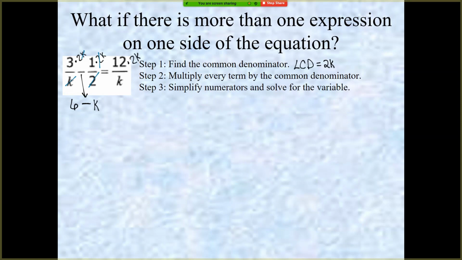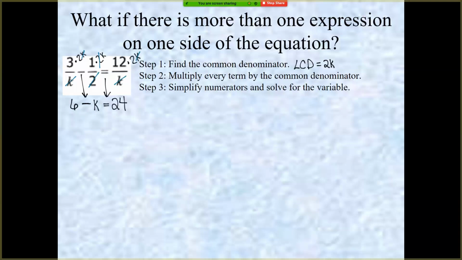And then your equal sign comes down. For the right side, you have 12 times 2k divided by k. Well, when I multiply the top by k and divide the bottom by k, the k's cancel, leaving me with 2 times 12, which is 24.